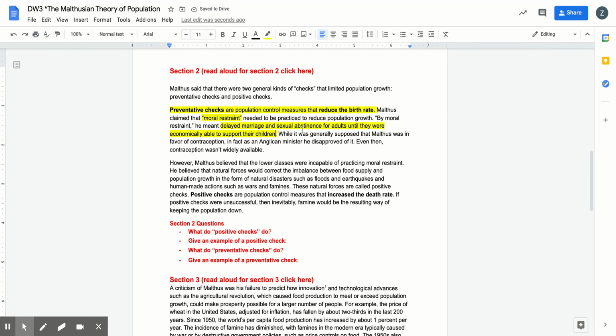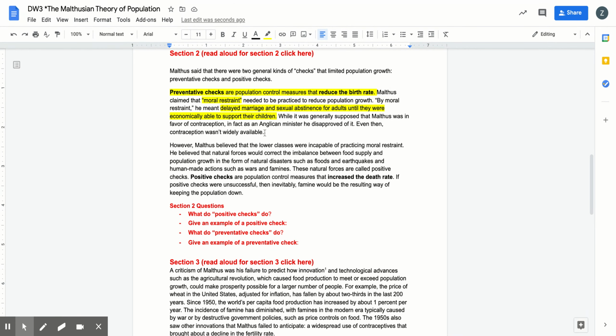That means that people would practice abstinence and not have sex in order to prevent having children before they were economically able to financially support their kids. While it's generally supposed that Malthus was in favor of contraception, like birth control, in fact, as an Anglican minister, he disapproved of it.